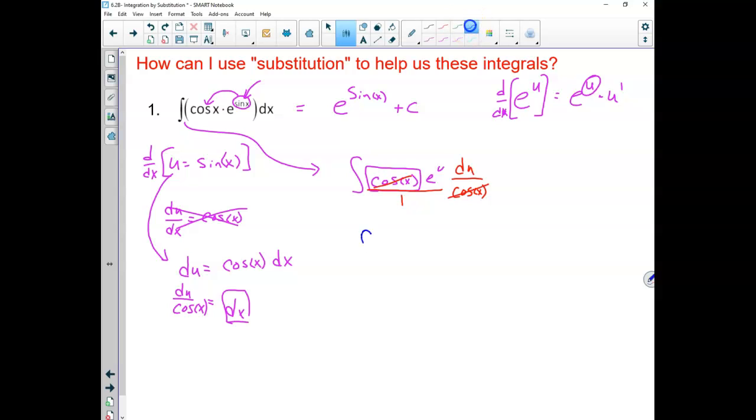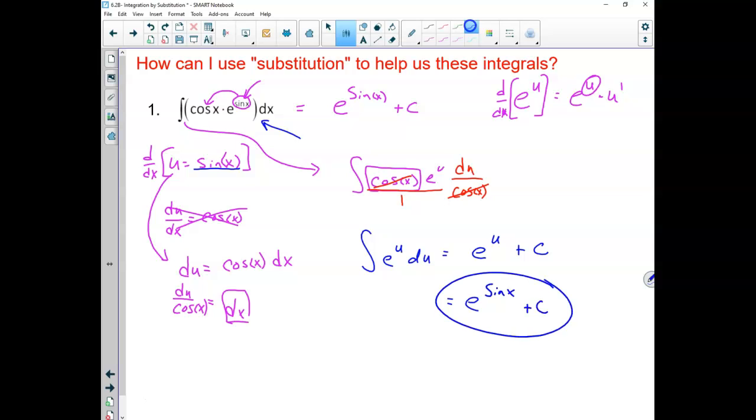So I'm really looking at the integral of e to the u du. Well, what is the antiderivative of e to the u? It's e to the u plus c. Oh, wait a minute. Everything was in terms of x, so now I just go back and resubstitute in for my u to get my antiderivative. Okay?